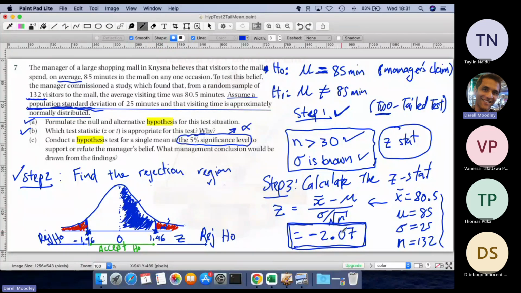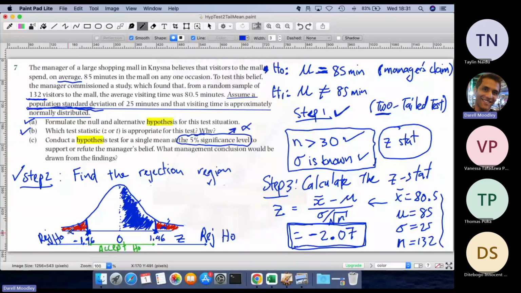You have minus 2.07, so that means it's on the left of 0, because it's a negative value. But is it further than minus 1.96? And the answer is yes, it is. You don't have to be accurate.